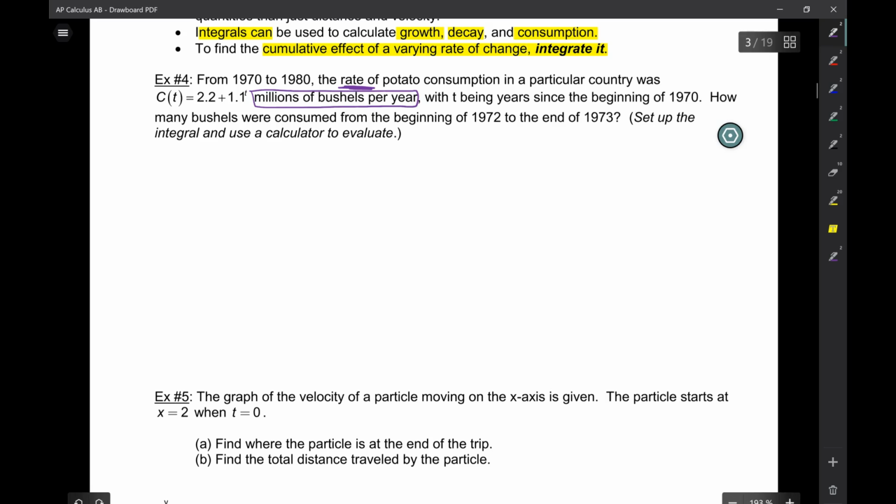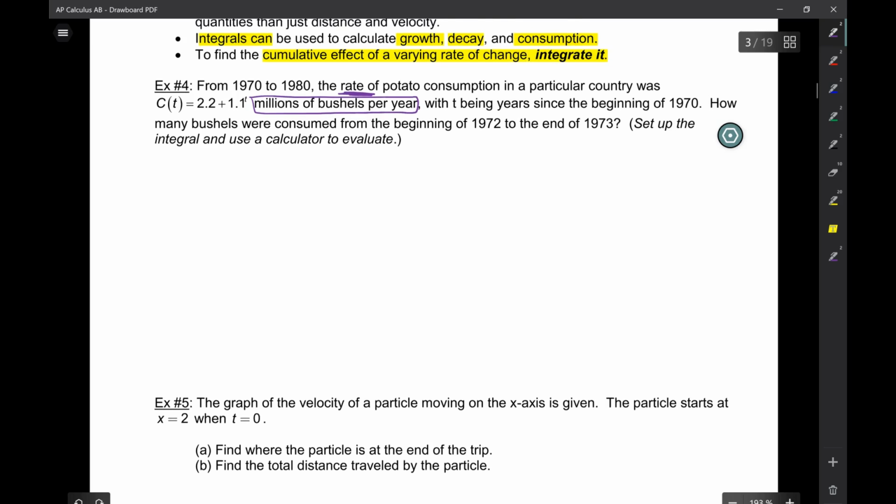How many bushels were consumed from the beginning of 1972 to the end of 1973? So what I have is the rate, and that's millions of bushels per year, right? What I want is bushels, or amount.